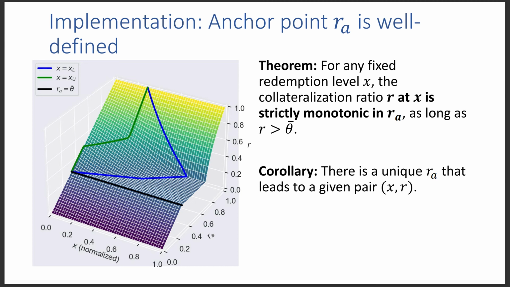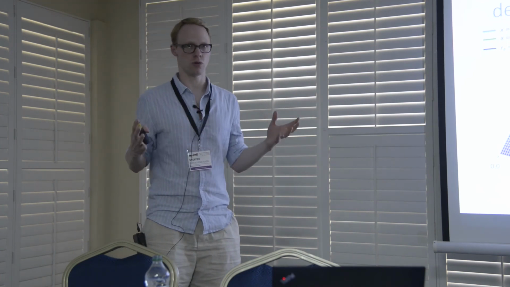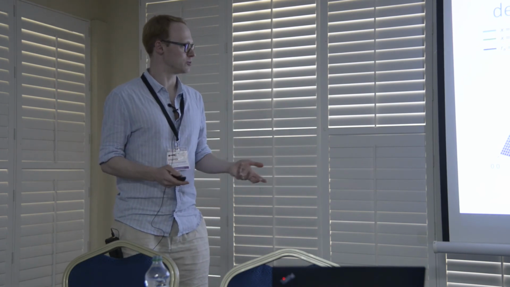And then you can see that the value on this axis is strictly monotonic in the anchor value RA, which also means if we observe X and we observe R, which is something we do observe, then we can infer this anchor value RA, and this way we can reconstruct the whole curve, in theory. Of course, I haven't given you an algorithm to do this, and this is what I'm going to do now.